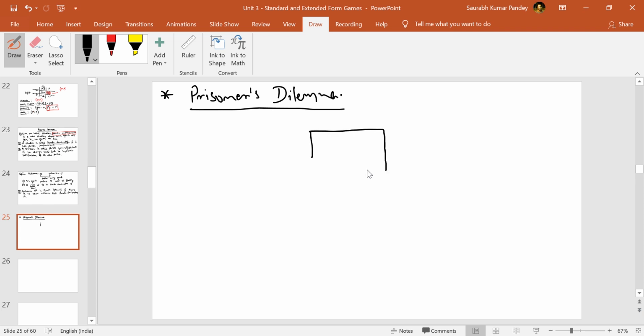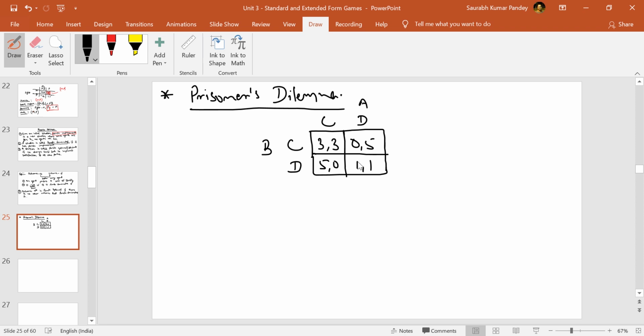There are two prisoners, and we have a 2 by 2 payoff matrix where each either cooperates, C, or defects, D, and there are two players A and B. Fine. So in prisoner's dilemma, our utility values were 3 3, 0 5, 5 0 and 1 1.